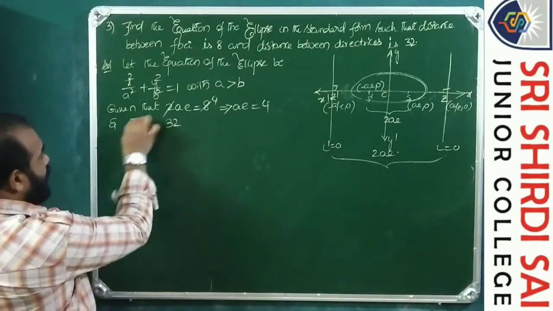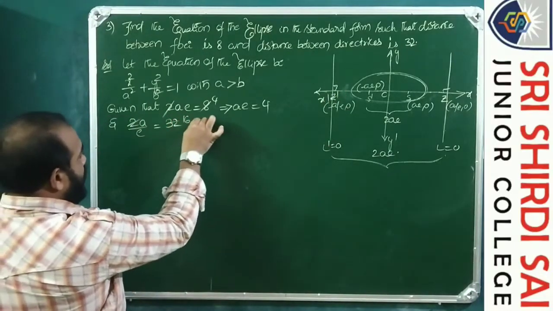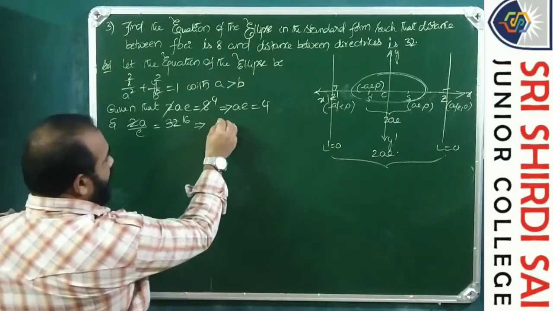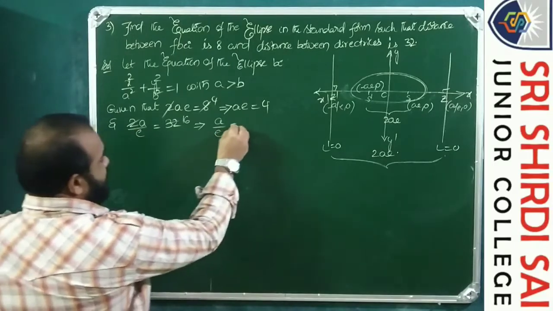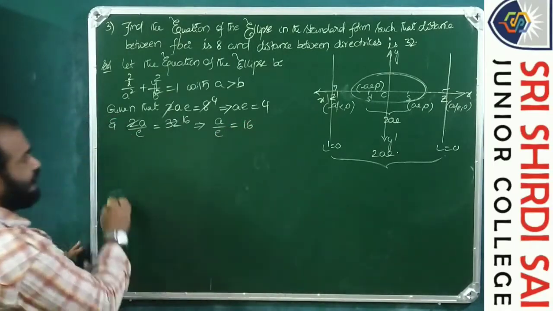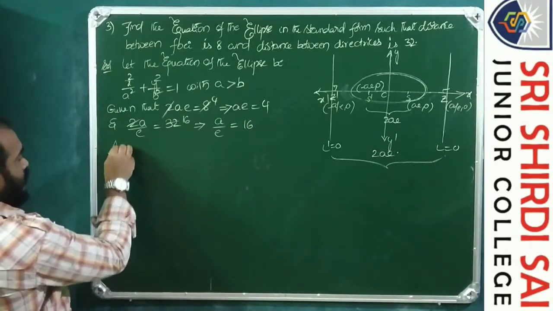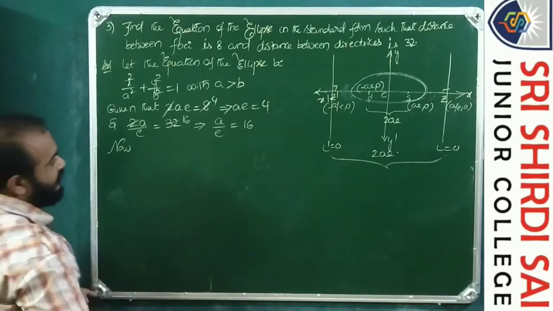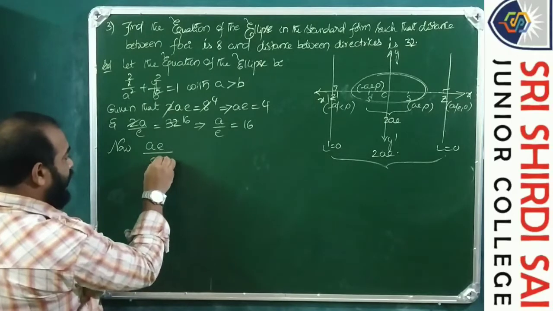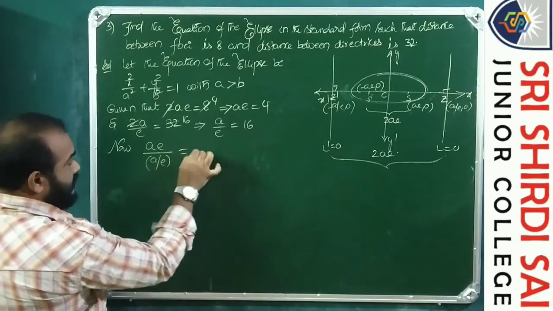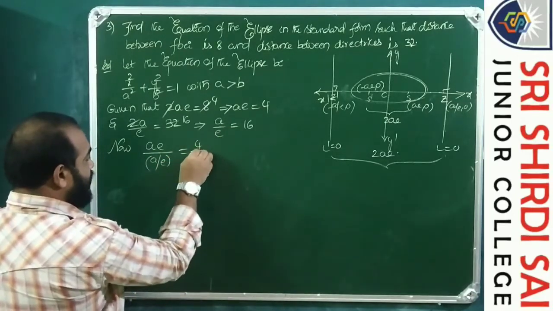So from this, 16 times, A by E is equals to 16. Now let us divide AE by A by E, that is 4 by 16.